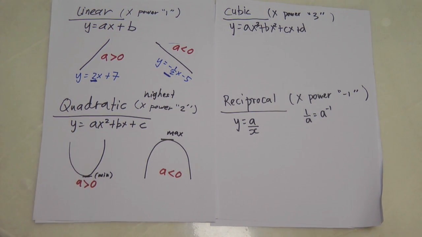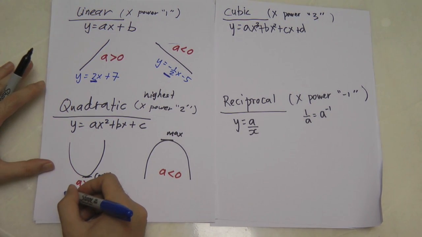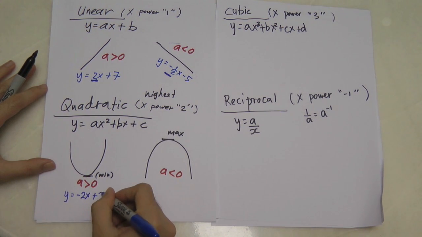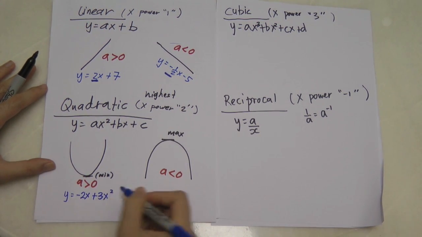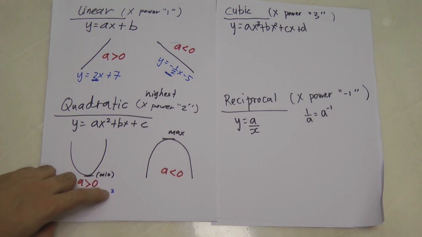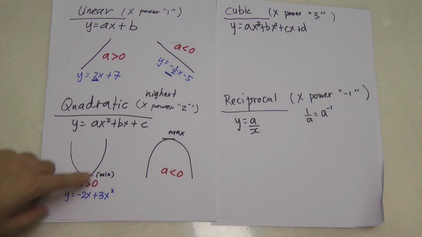Alright, so I'll just randomly give you some examples. Let's say we have y equals negative 2x plus 3x squared. A lot of students might think, how is that possible, because it's negative 2x, but I said A is the number beside the highest power of x. So this is a quadratic graph, right?